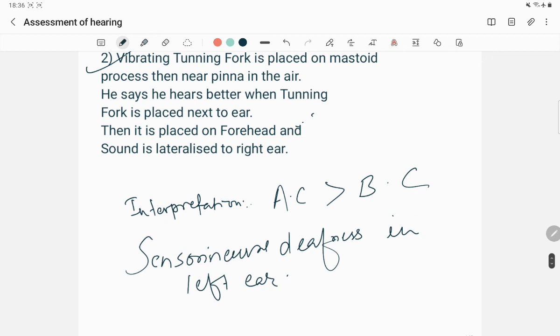So I hope we are clear with the assessment of hearing, Rinne test and Weber test.